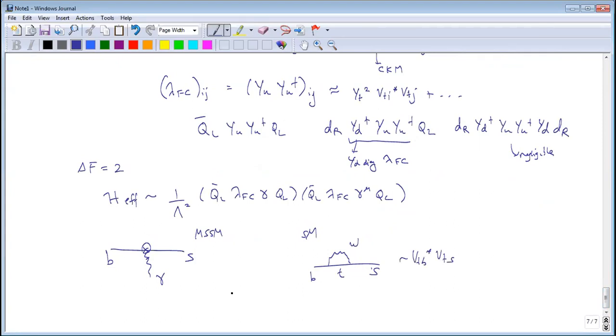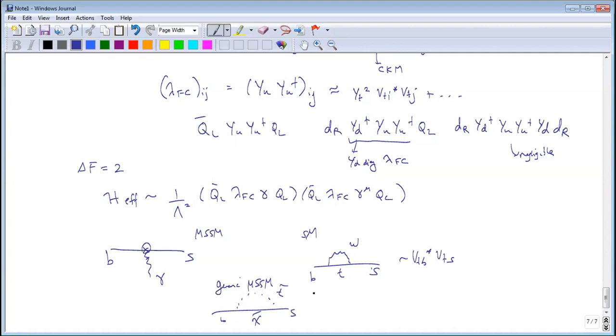Now, in a generic MSSM, one of the many possibilities would be to have the b go to a stop and a chargino.